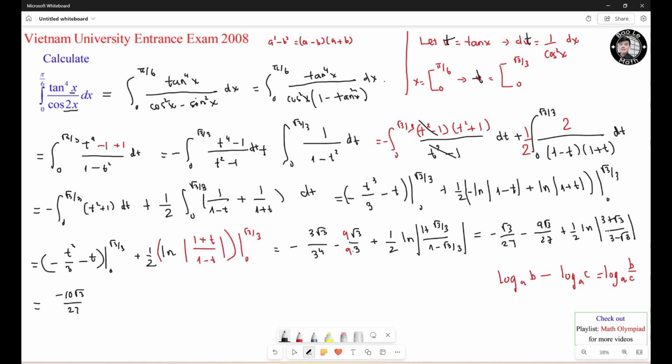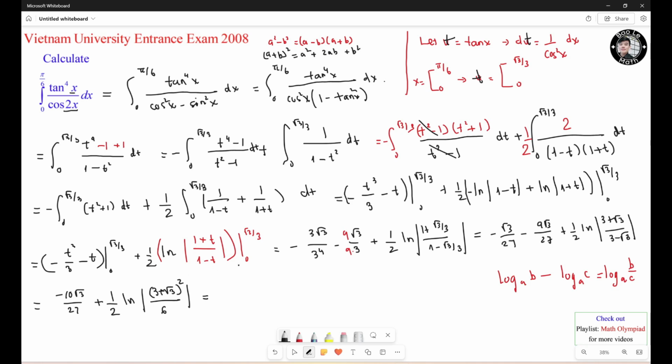Alright, so to simplify the bottom, so it can be plus 1/2 natural log of absolute value of 3 plus root 3 squared over 3 squared minus 3, so it can be 6. Now you just expand this one using the complete square, so it can be a plus b all together squared. It can be a squared plus 2ab plus b squared.